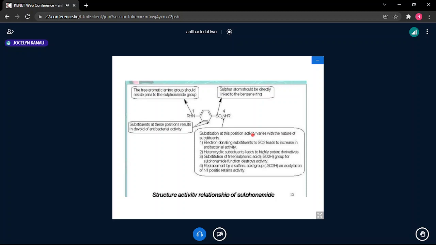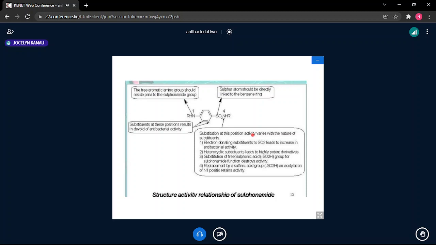So those heteroatoms within the cyclic ring, because of the presence of the lone pairs of electrons, can do stabilization through resonance, and therefore the ion that has been formed can be stabilized through resonance.